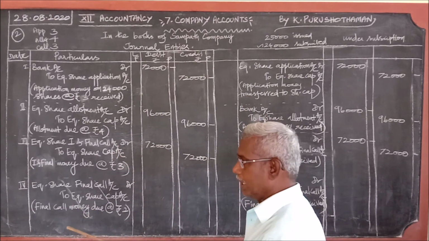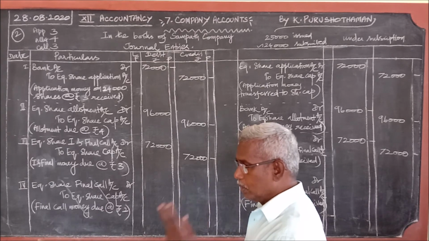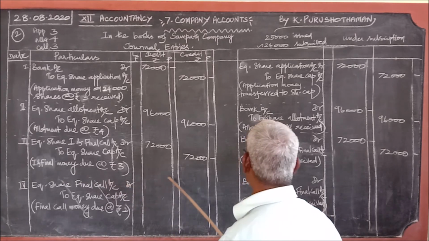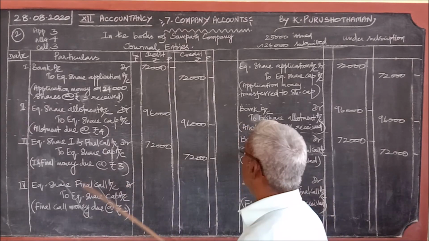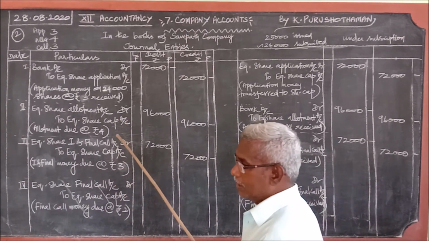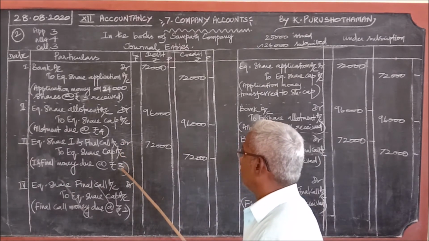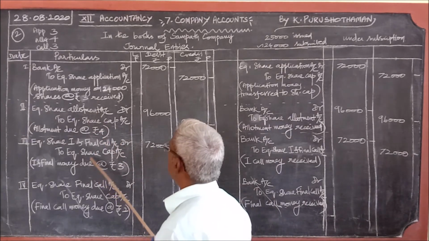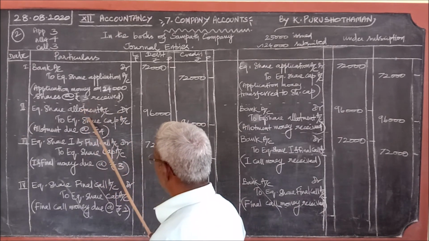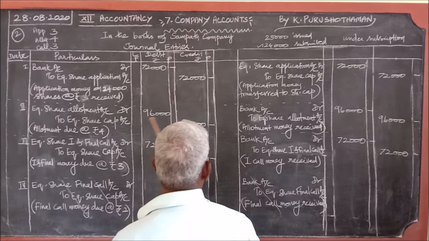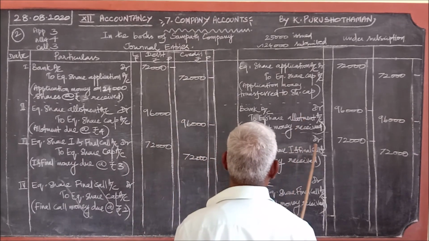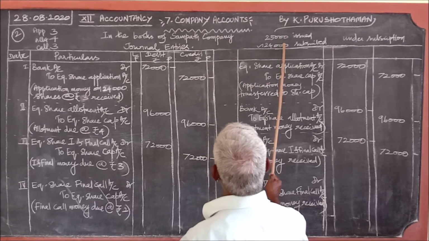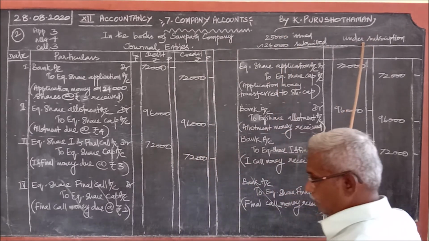It is the same for first and final call also. I repeat once again, in this problem the two calls are combined together. Therefore, there is no need of writing the fourth journal entry, only the third journal entry. The same journal entry with necessary changes, instead of allotment, first and final call. The only thing you should remember in this problem is that this is an under subscription problem.